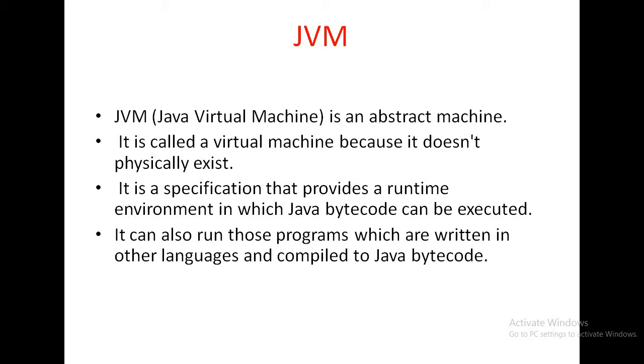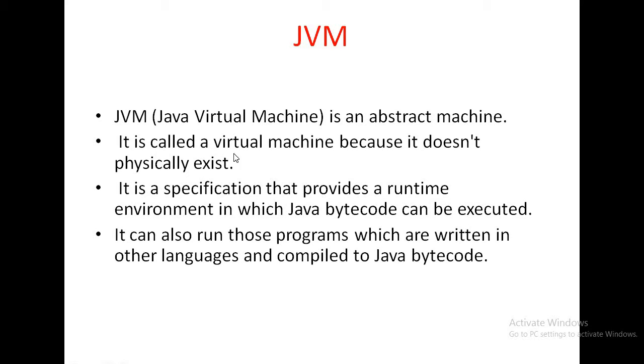So what is the main work of JVM? The main work of JVM is that it changes the .class file into an .exe file, and always remember JVM is system dependent, but the .class file or bytecode is system independent.